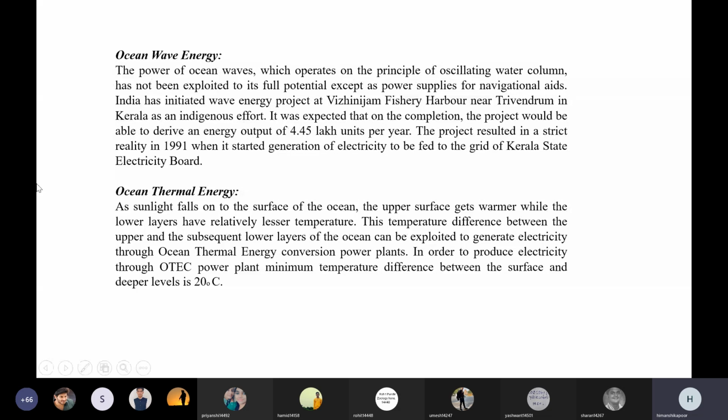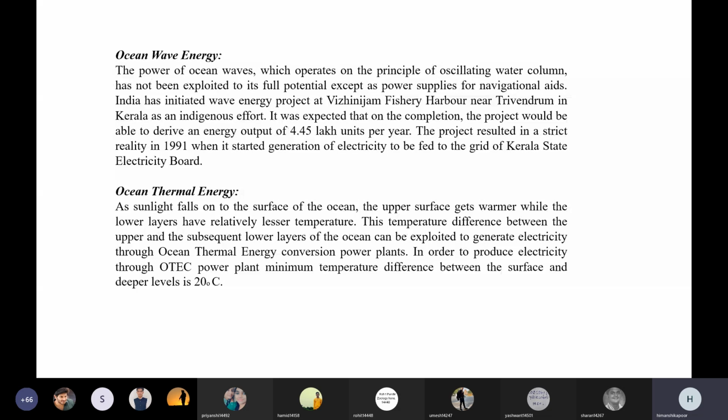Since it is ocean thermal energy, it means there would be a temperature gradient. Can you imagine what temperature gradient it would be? When you see the upper surface of the ocean waters, they are warmer, and the deeper surfaces, at the ocean base, are lower in temperature.